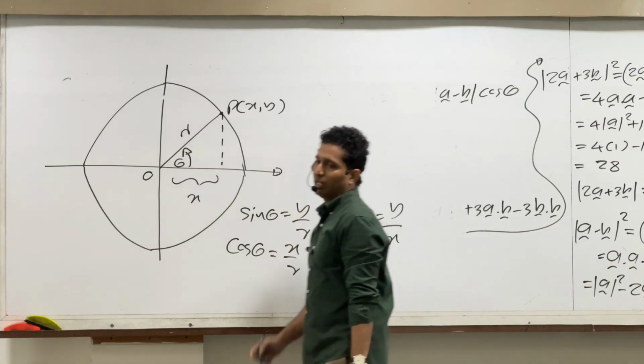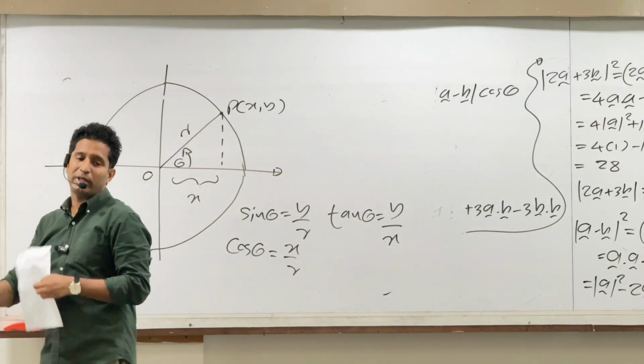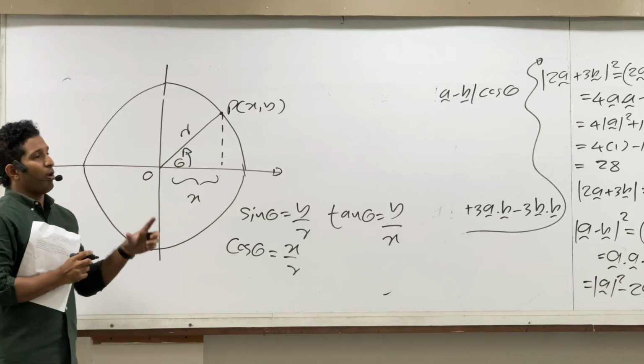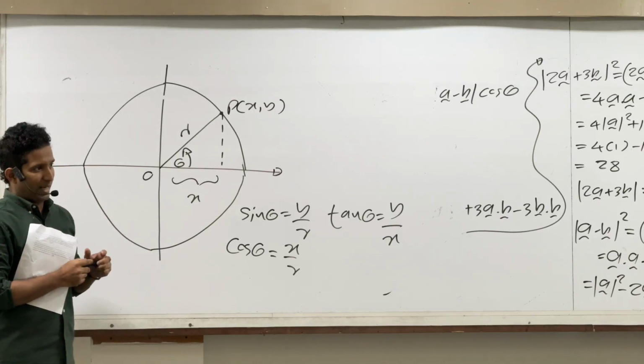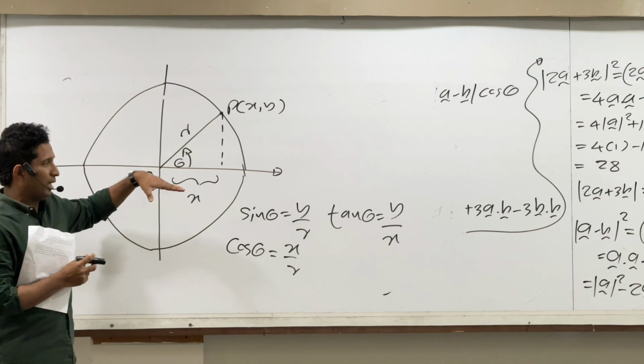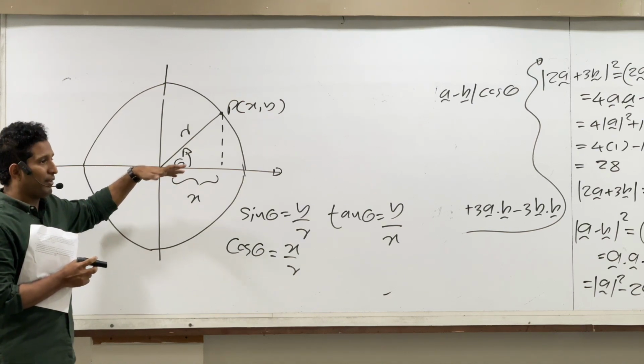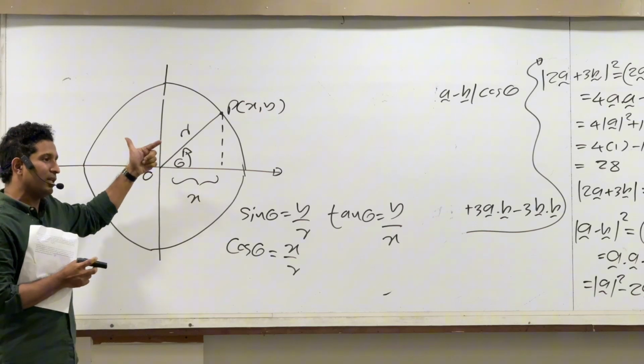From this definition, we can find the trigonometric ratio for any angle. Can you understand? Now, if the angle is more than 90, can we draw a right triangle making one angle more than 90?